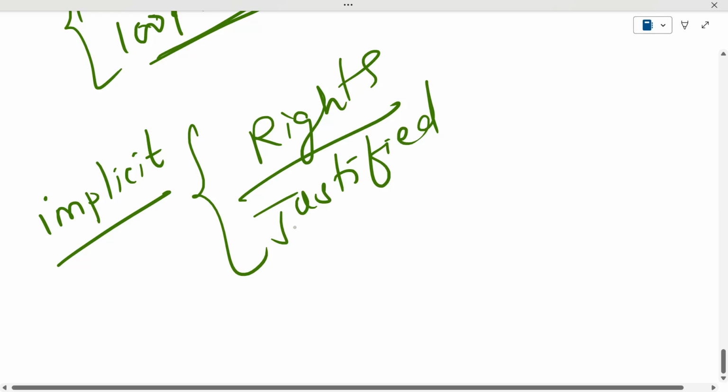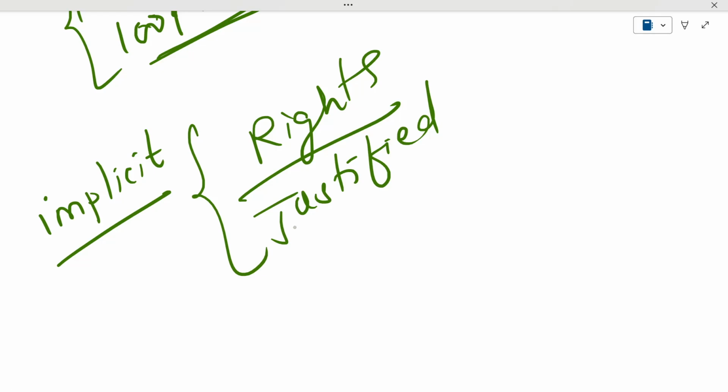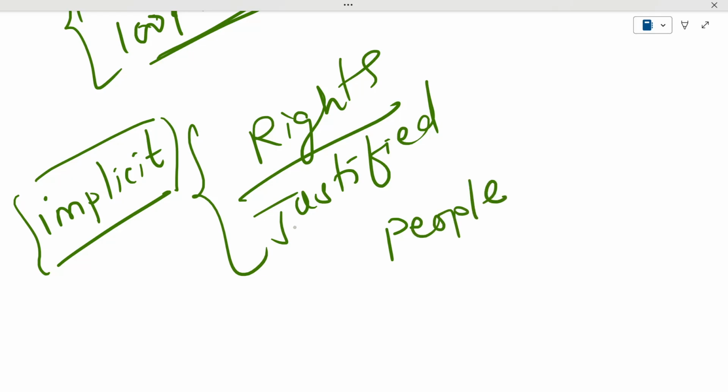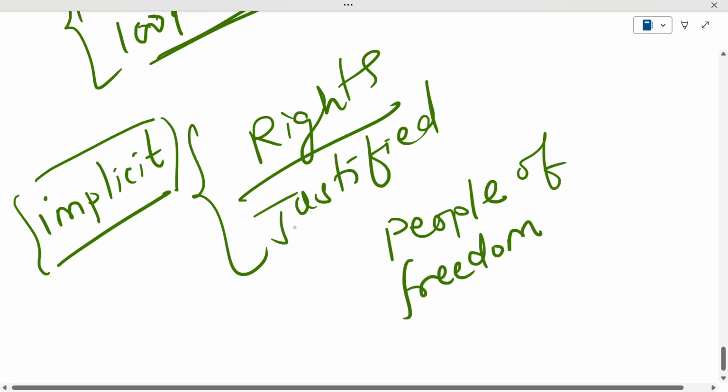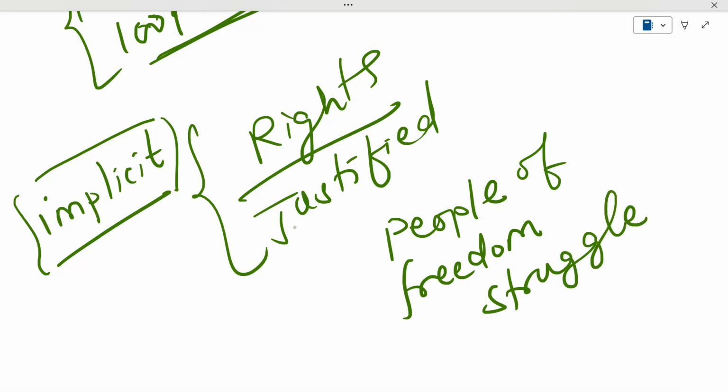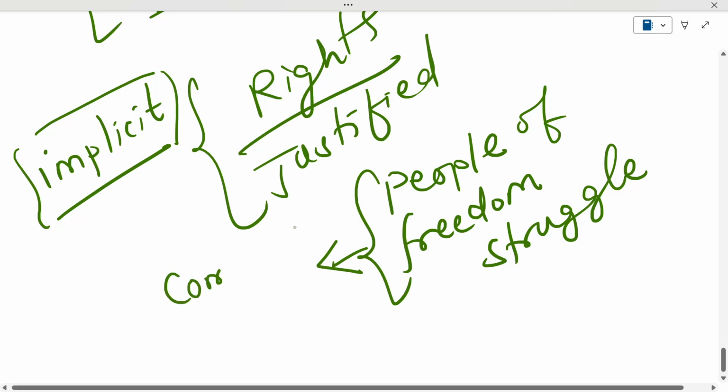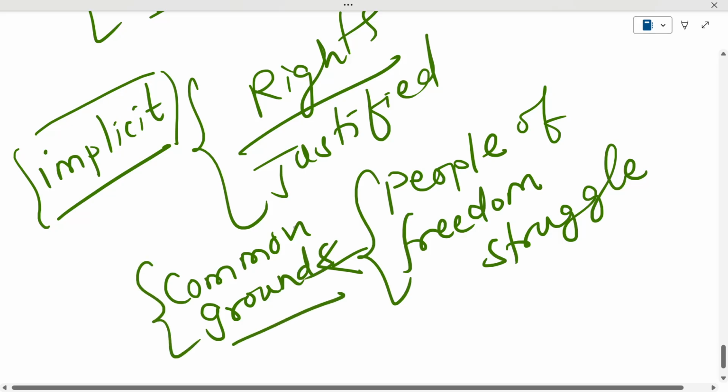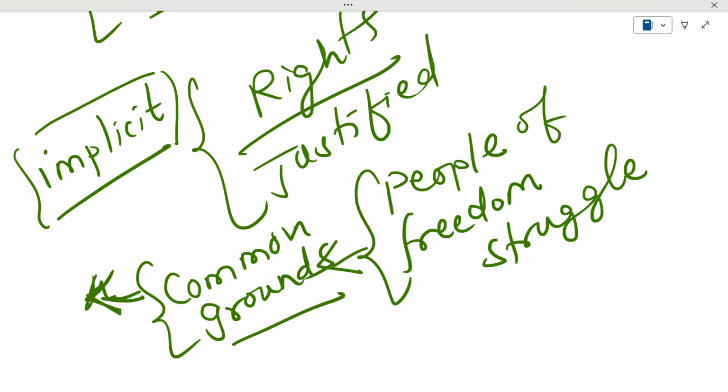Let me clarify this thing. When we talk about the freedom struggle, we discuss that the people of the freedom struggle came together and discussed those common grounds upon which they were ready to fight, the common grounds upon which they were ready to come together, and the unity could be ensured.